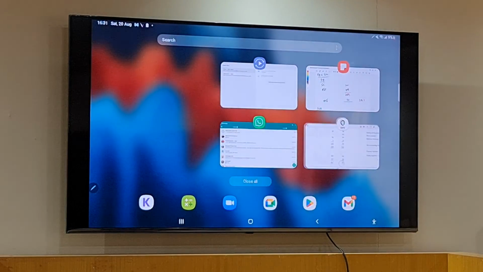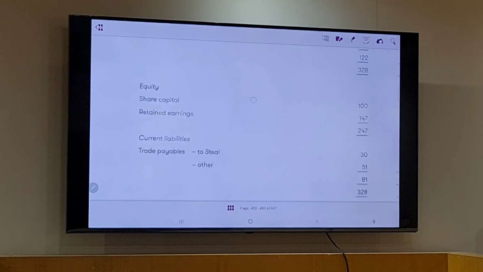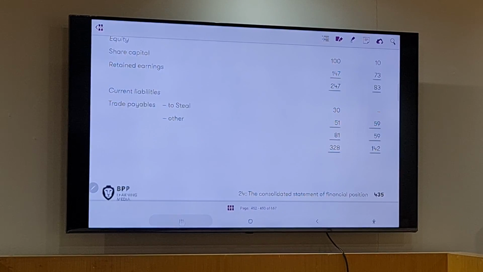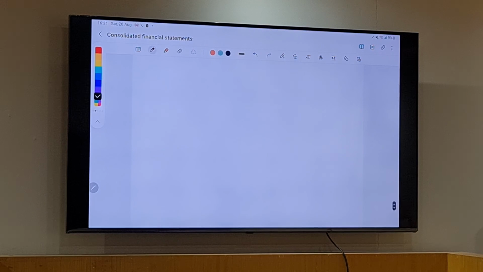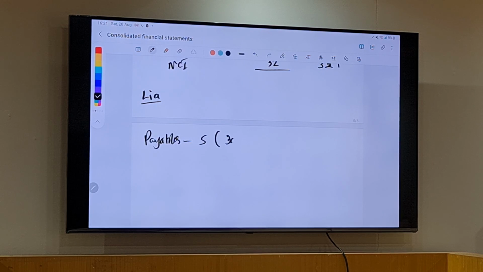Then liabilities. What liability do we have? Payables 30. Yes, payables, minus 30, so nil.